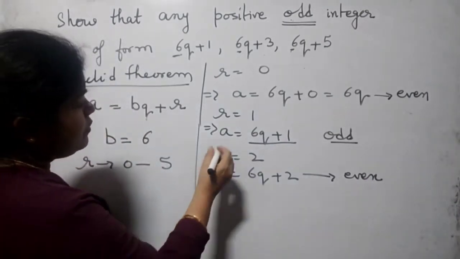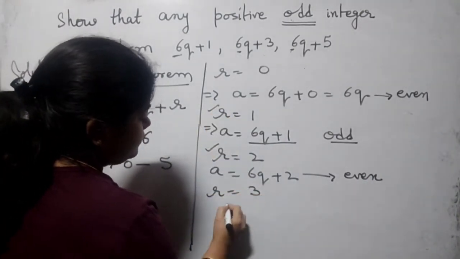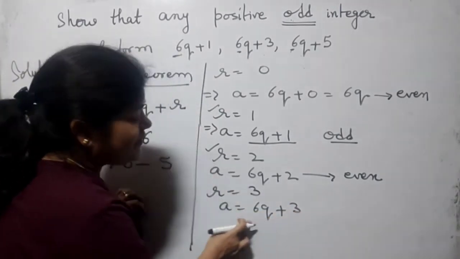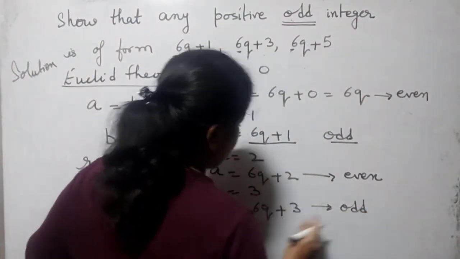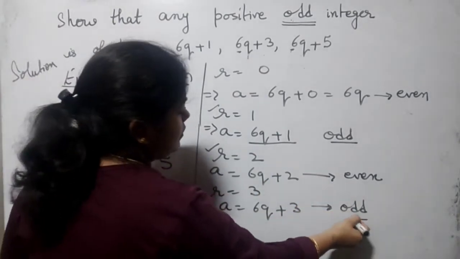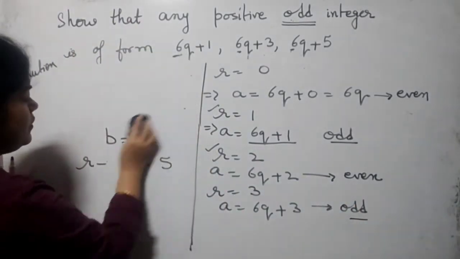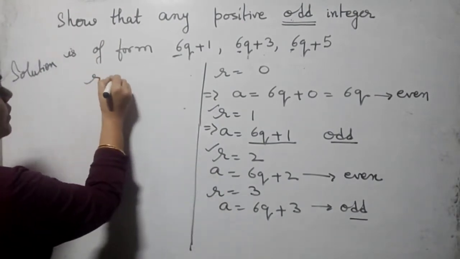Now R is equal to 3. Then A is equal to 6q plus 3. It is again not divisible by 2, so it is an odd number. We again got 6q plus 3 and 6q plus 1 as odd numbers. Clear? In this way, we solve these types of questions. Then R is equal to 4.